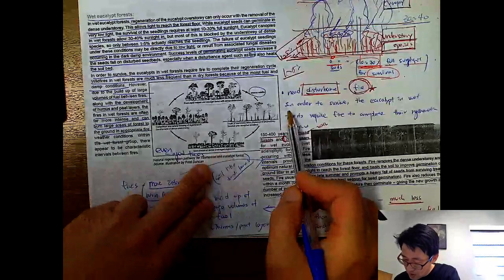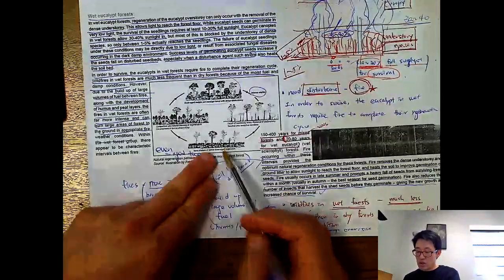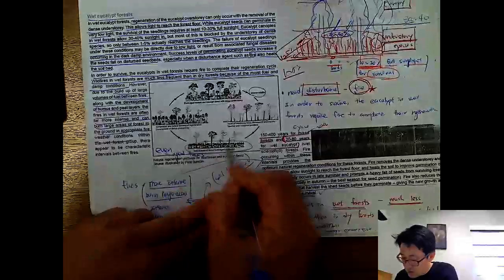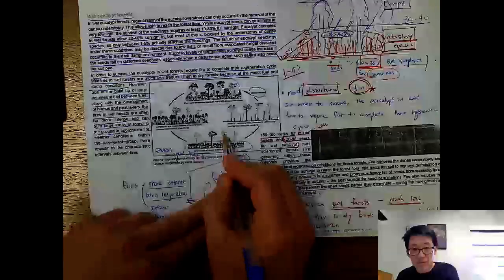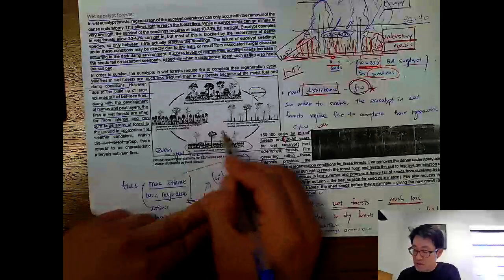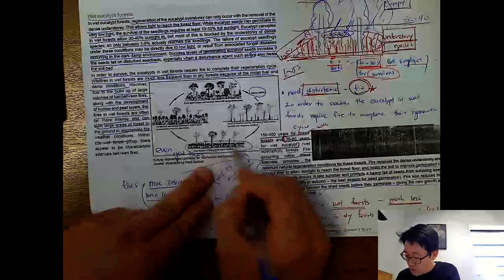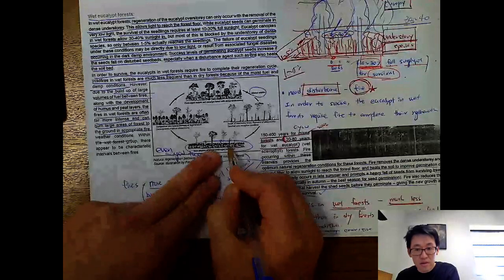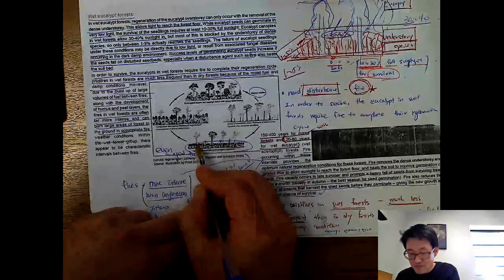Okay, and then when the new generation comes up, you can see very few mother or grandmother trees still survive, and then all the offspring start to come up at the same time.